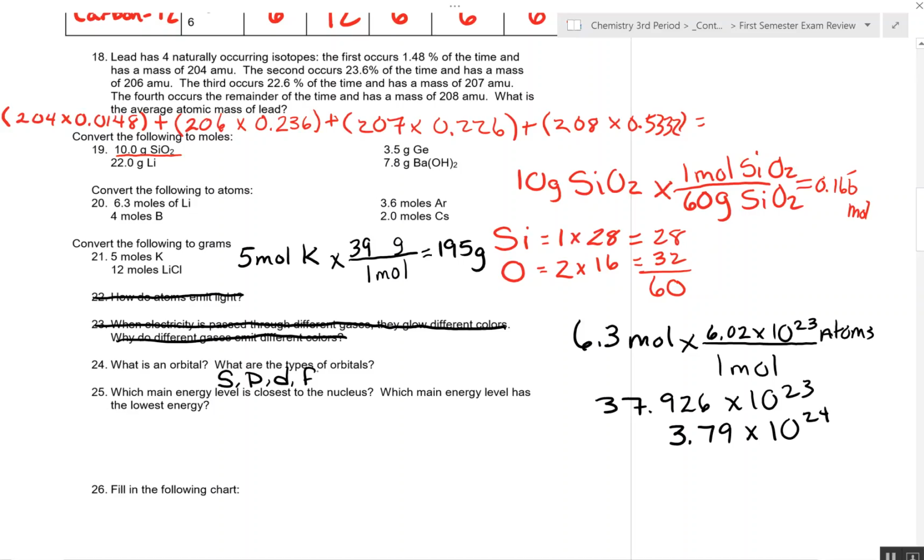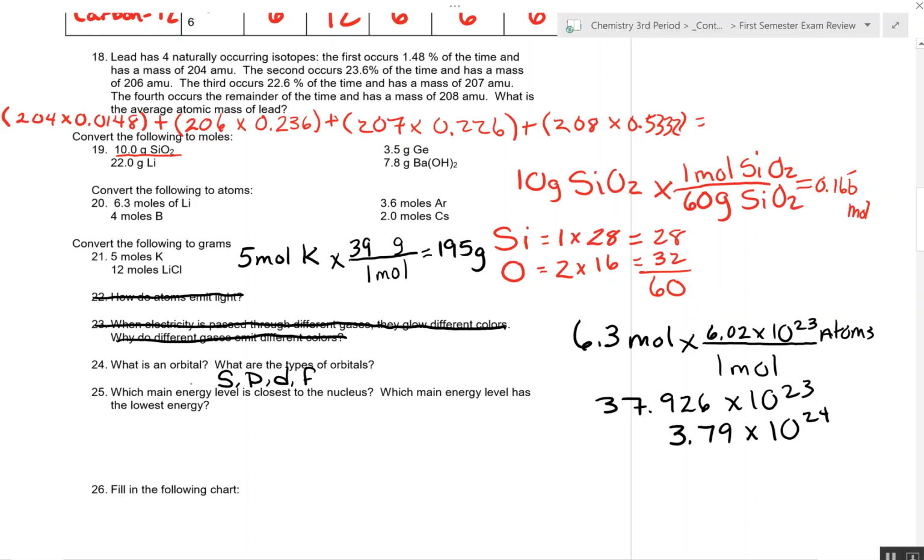Now, which energy level is closest to the nucleus? Energy level, and then we're going to do orbital. Energy levels are numbers. Those are the 1, 2, 3, 4, 5, 6, 7 down the side.